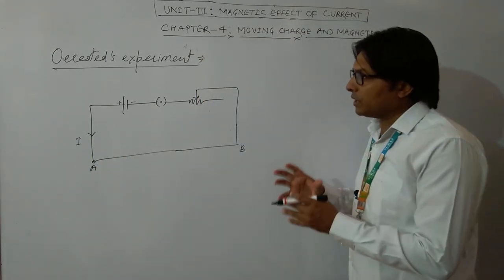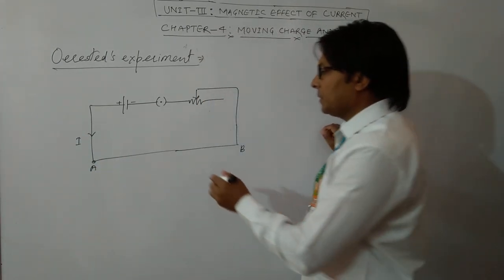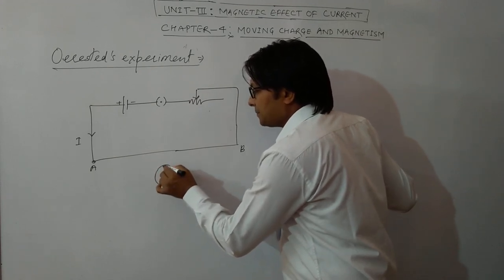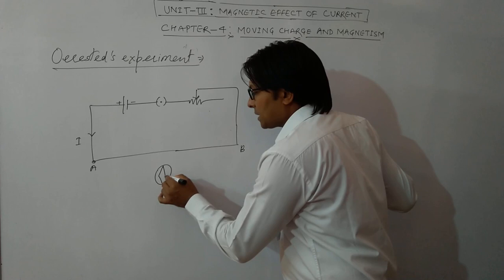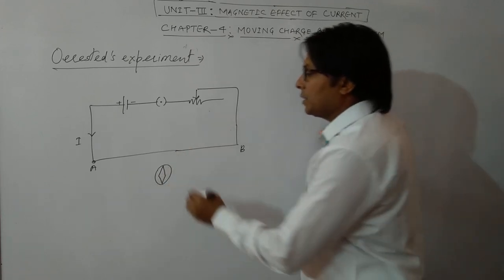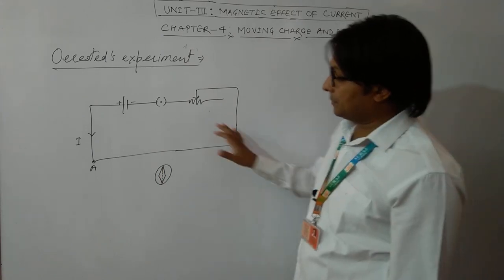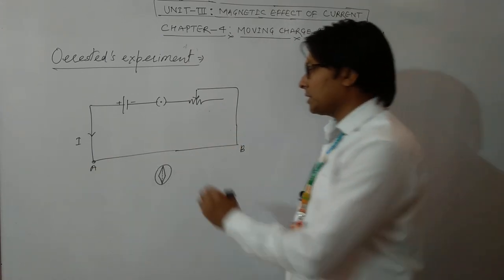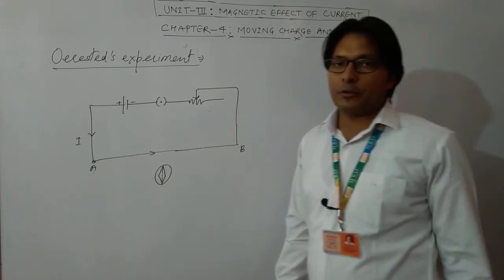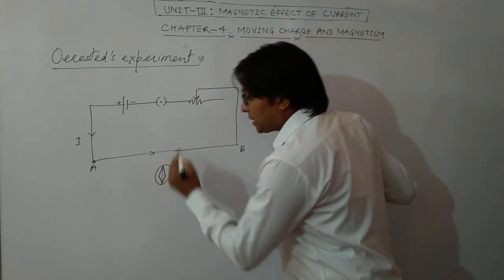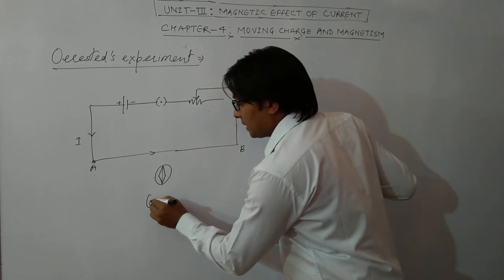What Oersted observed is that when he put a compass in the vicinity of this wire AB, in which current I is flowing from left to right, he saw a deflection in the compass.